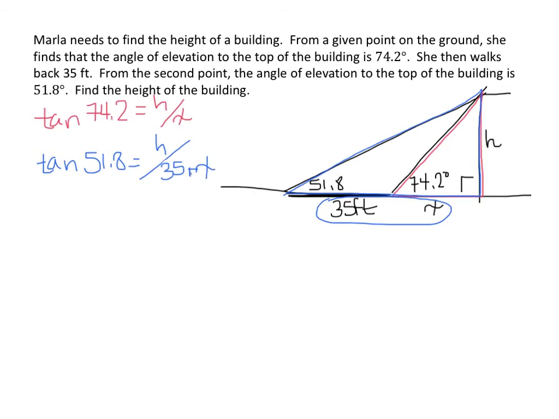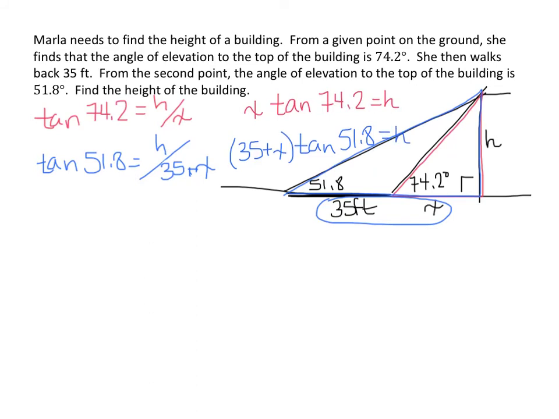My next step is to solve for H in both of these equations. So the red equation becomes X times the tangent of 74.2, and my blue equation becomes 35 plus X times the tangent of 51.8.